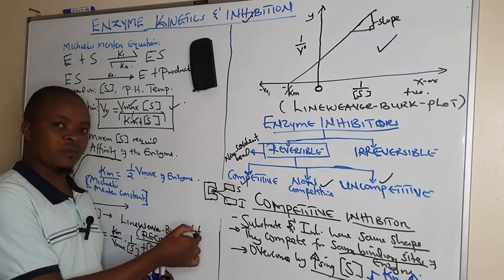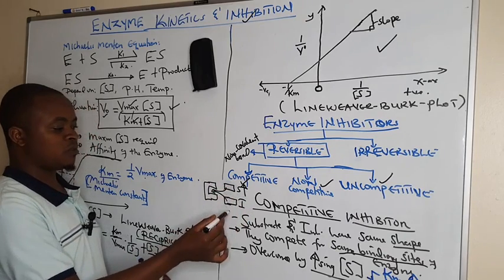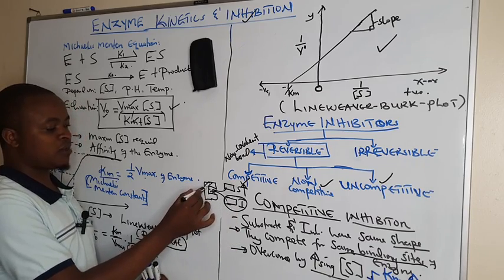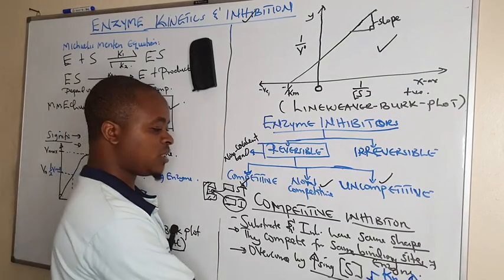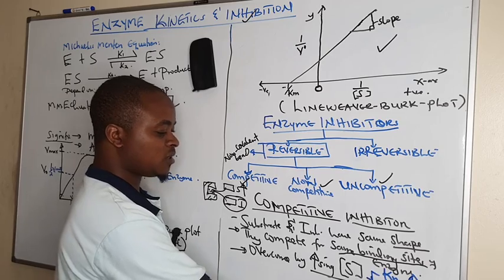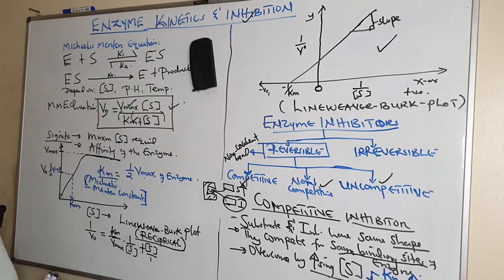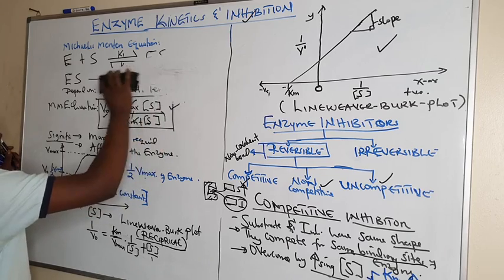And in order to overcome this inhibition, I can increase the concentration of the substrate, because they are all competing for the same binding site of the enzyme. And this leads to increased Km, Michaelis Menten constant, and Vmax remains constant, as we are going to show on the graph. So let us illustrate it graphically.